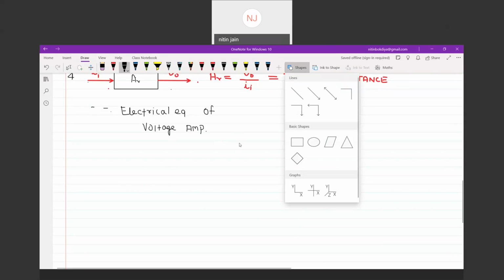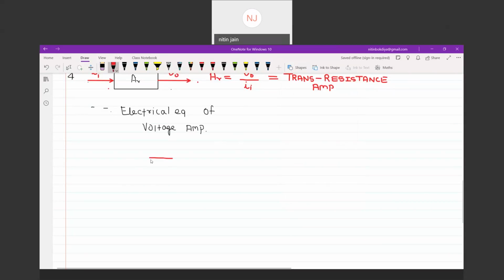Let's say this is our source Vs, then we have one source resistance Rs, then we have Ri, which we used to call R pi. Let's say this is Vi, the input.